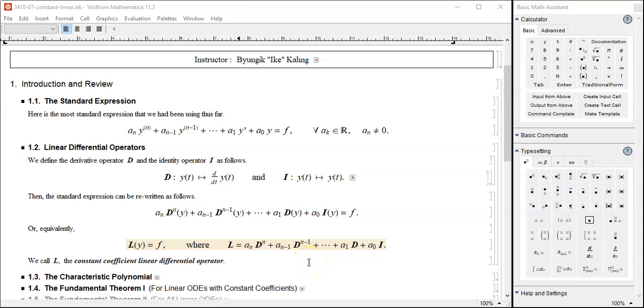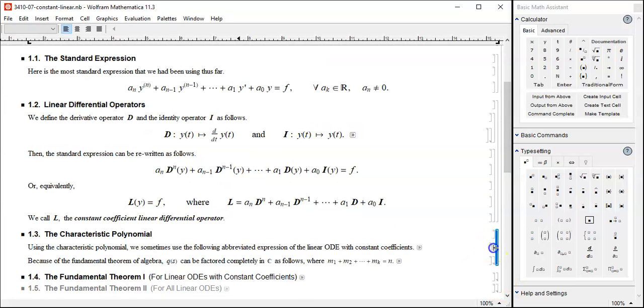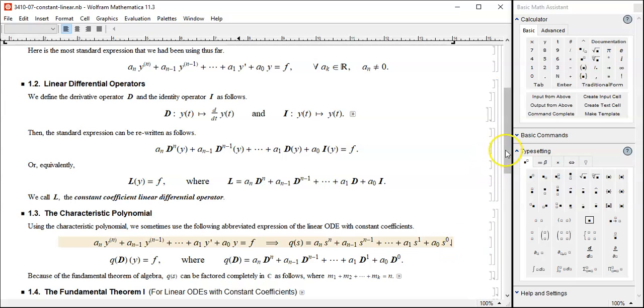That polynomial is called the characteristic polynomial, a polynomial given by the coefficient structure of this original ODE, a_n, a_(n-1), a_(n-2), and so on, all the way down to a_1 and then a_0, like this one. That's basically what I'm talking about.